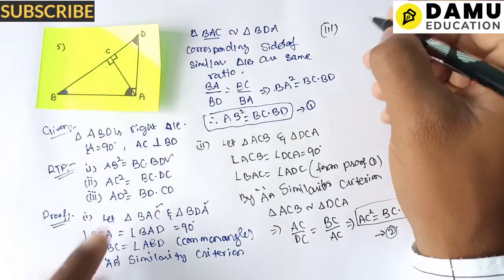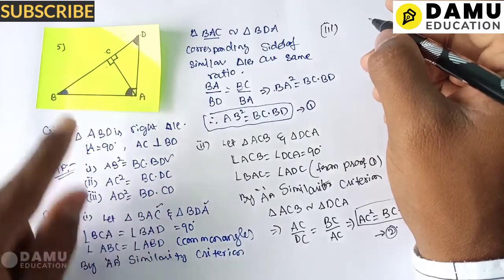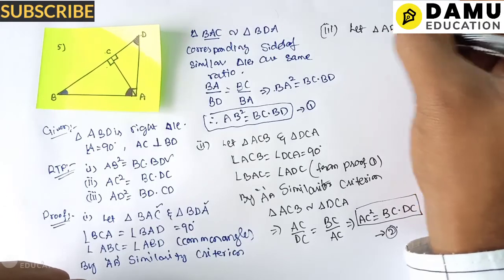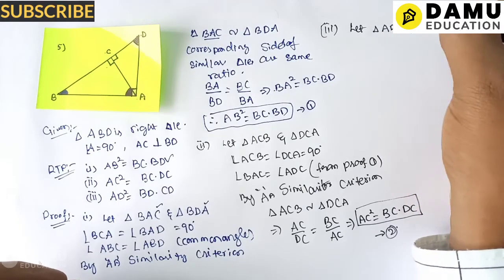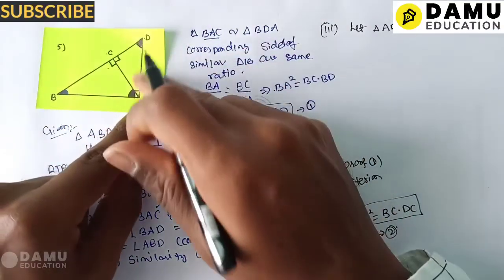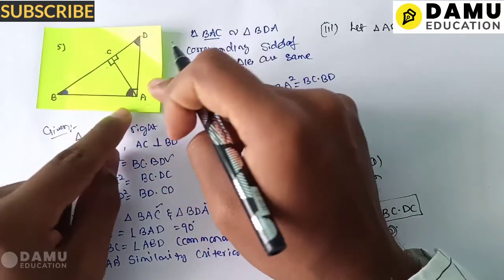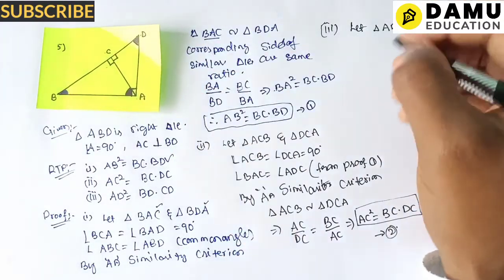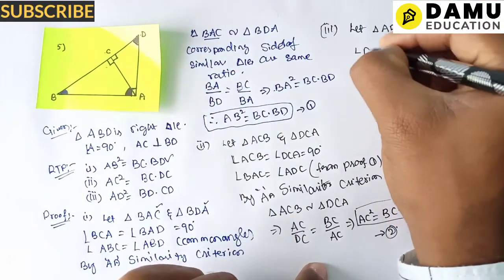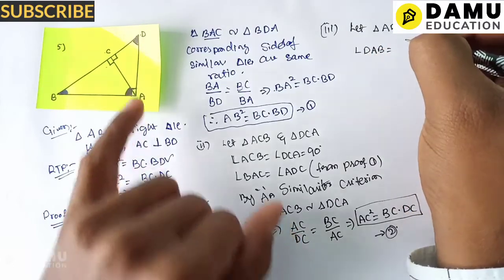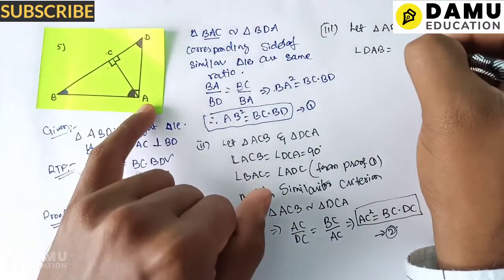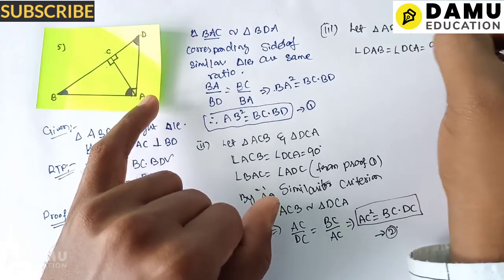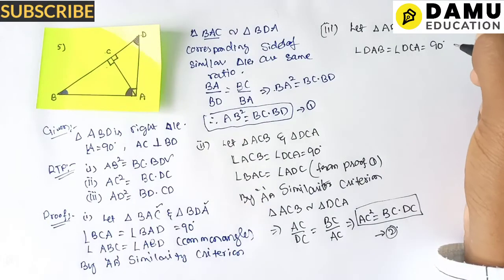Then let's write the third one. Let's consider AD square will be equal to BD into CD. For that, take triangle ADB and triangle CDA. Why? Because in both the triangles, angle DAB is 90 degrees and angle DCA is 90 degrees.